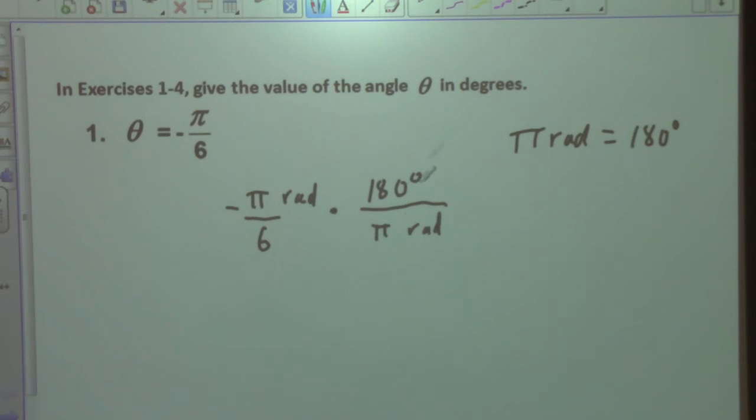And pi radians will cancel each other. And so what you have is negative 180 over 6, so that's going to be negative 30 degrees. So that's going to be your angle in degrees.